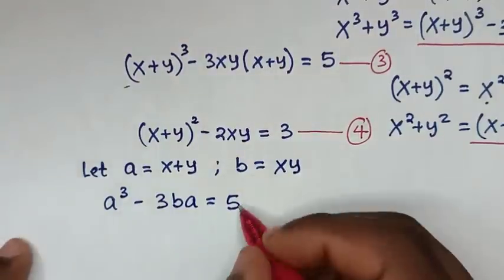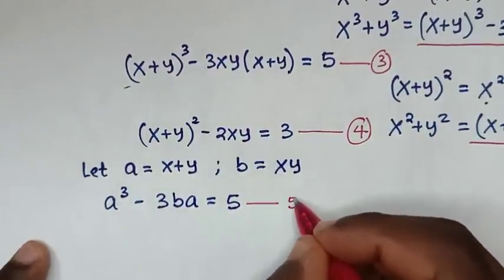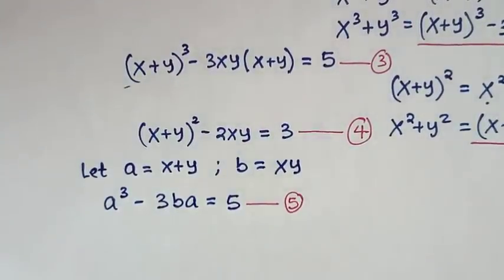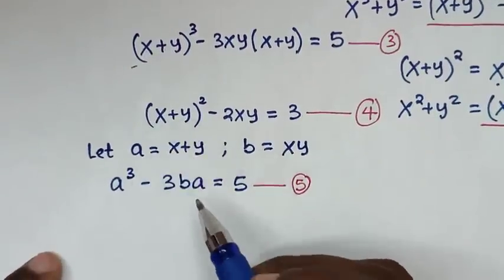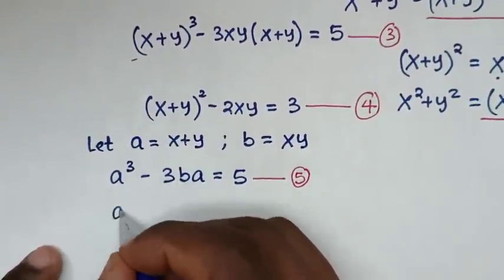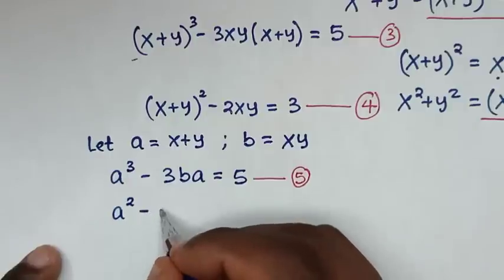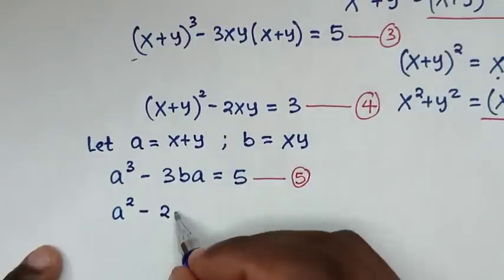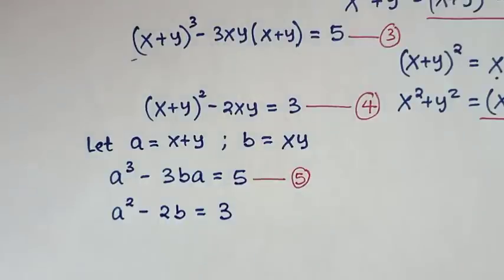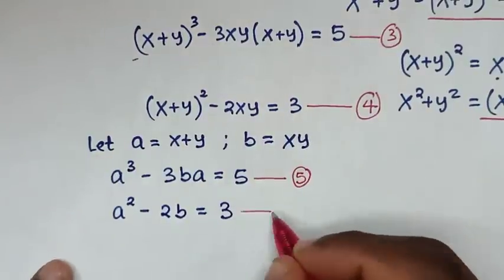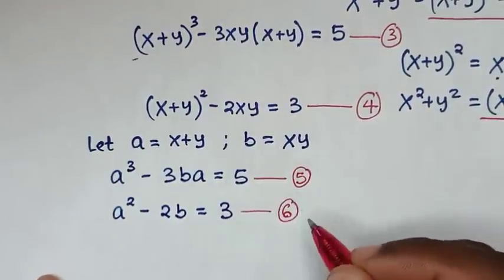This will be equation 5. Then from equation 4, x + y is a, so it will be a^2, then minus 2xy, which is b, equal to 3. This will be equation 6.